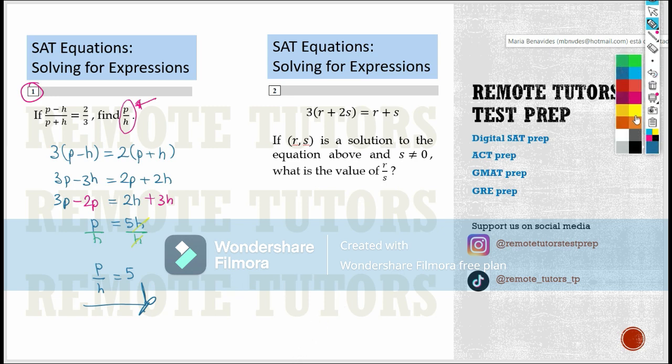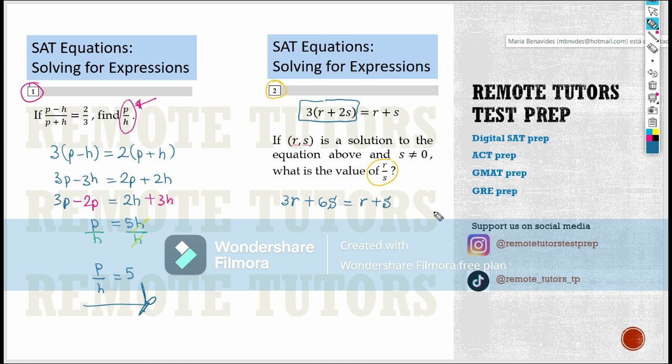Now let's evaluate the second example. Here s is a solution to the equation above. Okay, we have to solve for the value of r divided by s. We will start with simplifying the left side, that is 3r plus 6s is equal to r plus s.